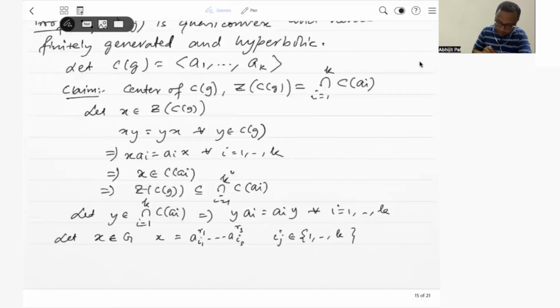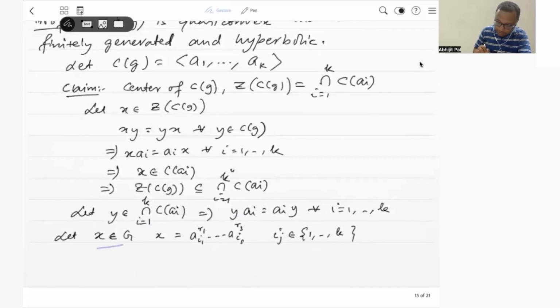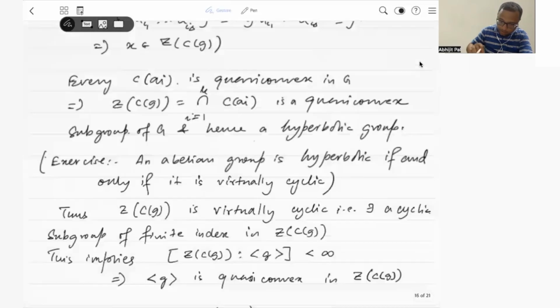Now the converse part. If I take any element Y in this intersection, then YAI equals AIY for all I equals 1 to K. Now let us take any element X belonging to the centralizer, which can be written as a product of the AIs.